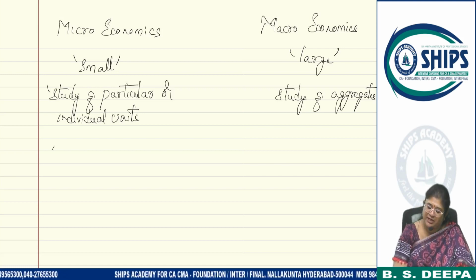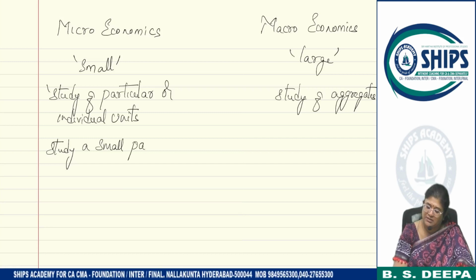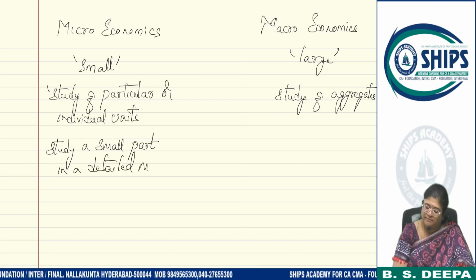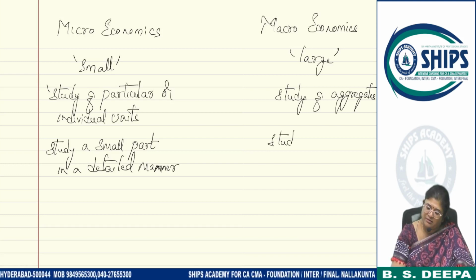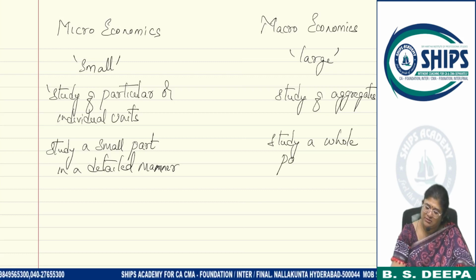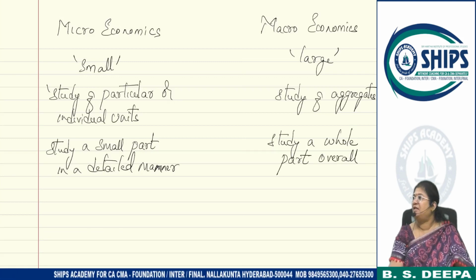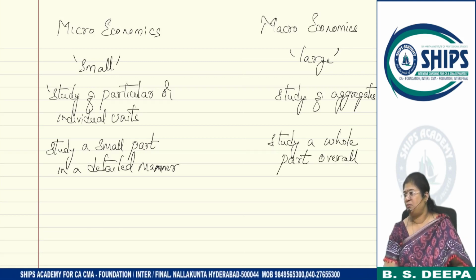So when you study something, a small part in a detailed manner, this is what is called as micro. Whereas when you study a whole part overall, that is what is called as a macro.